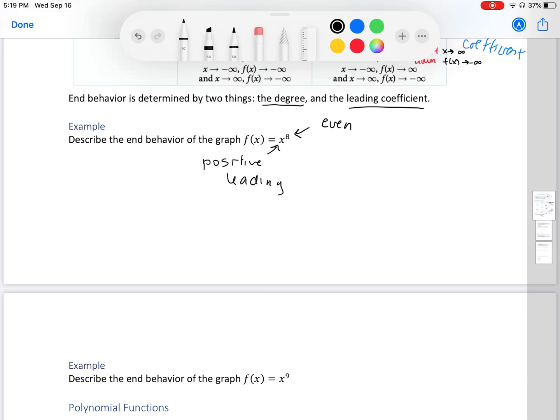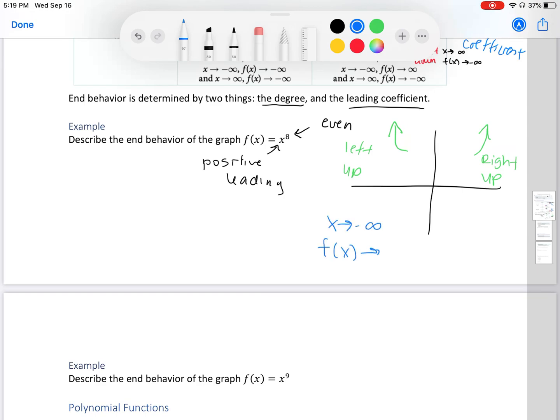I know that regardless of how it looks, my leftmost should be pointing up and my rightmost should be pointing up. Now we can write it in math. As x is approaching negative infinity, your function is approaching positive infinity. And as x is approaching positive infinity, your function is approaching positive infinity.